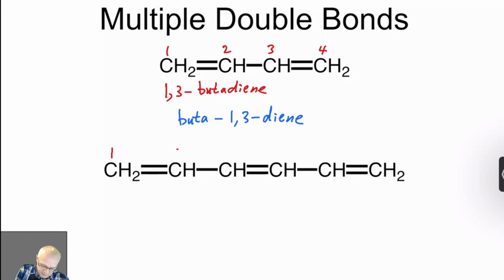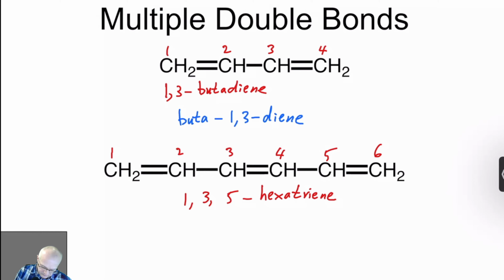This one, 1, 2, 3, 4, 5, and 6. So the old way, 1, 3, 5 dash cyclohexatriene.